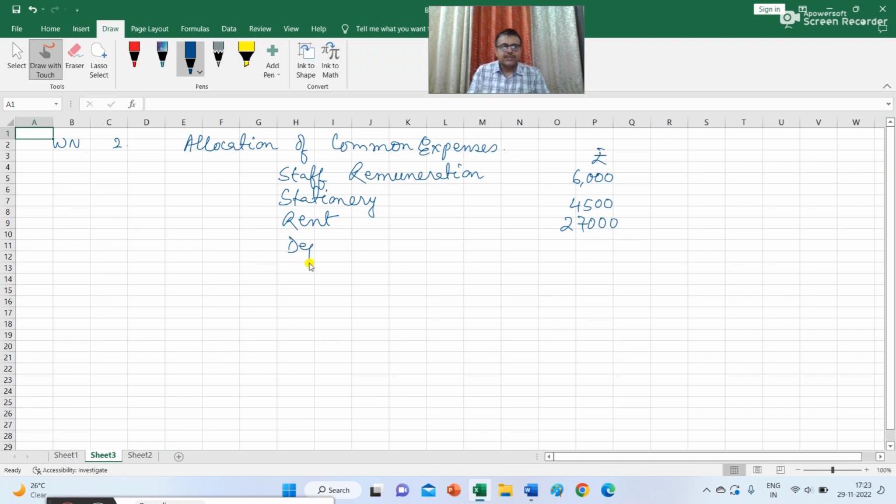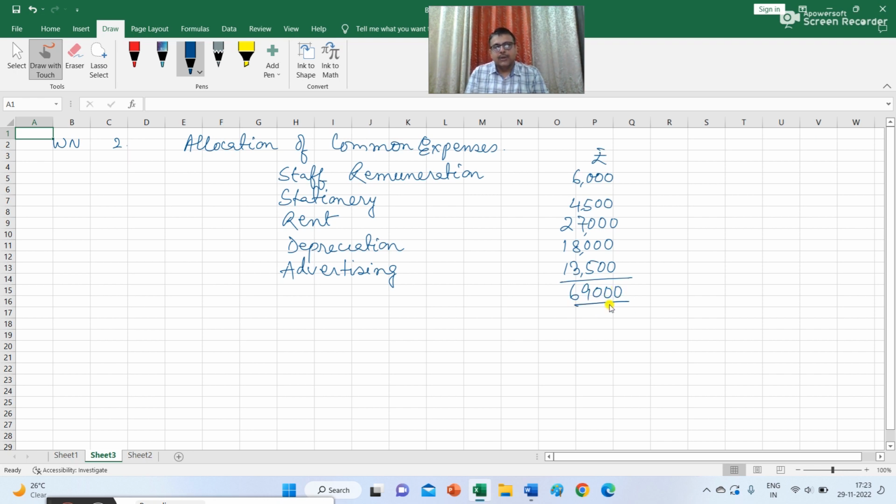Then we have depreciation. It is given 18,000 as depreciation. Then the last item of common expense is advertising, and the advertising cost is 13,500. So the total amount of common expense is 69,000.